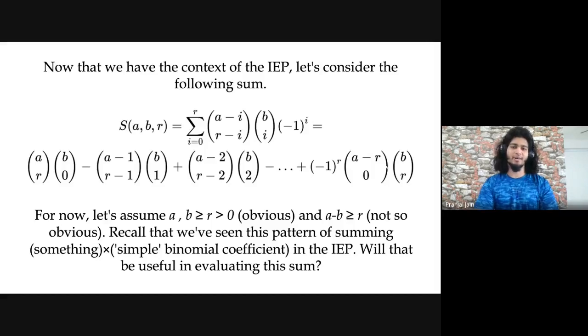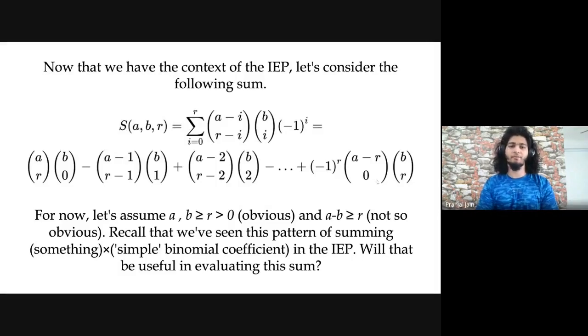Although I have mentioned that we'll be discussing binomial coefficients with negative indices, we are not there yet. So right now we need this to be positive. Likewise, b has to be greater than or equal to r, because otherwise b choose r wouldn't make sense, since you'd have this index being bigger than this index. This is again a case which we'll handle later on.